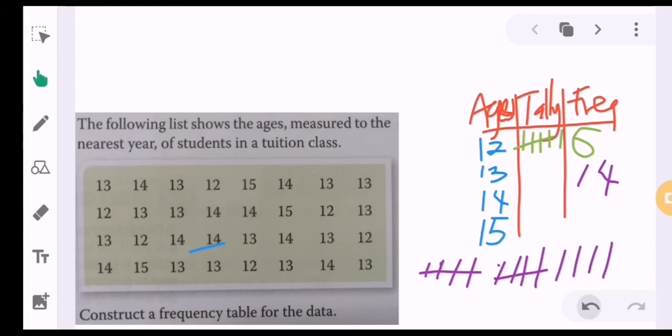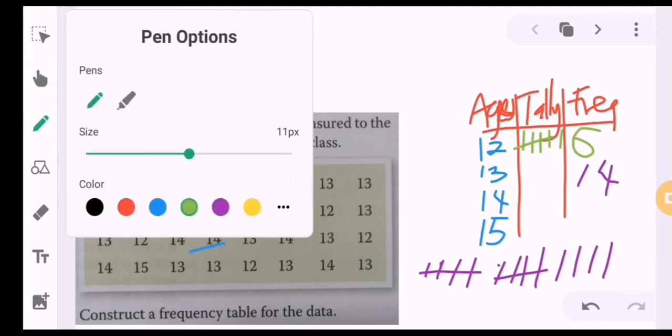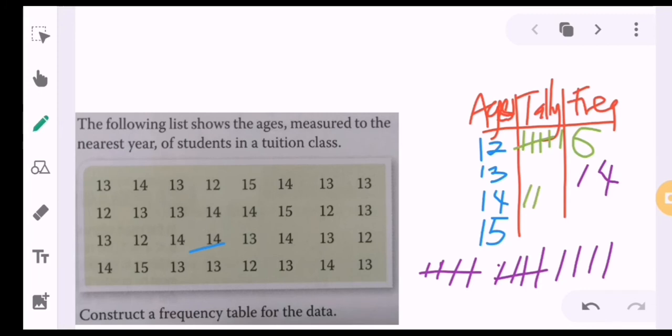So 14s, we got 9. We draw our tally for that. So we have 1, 2, 3, 4, 5, 6, 7, 8, 9. We don't cross out because it didn't get to 10. So we write down our 9 in that way.